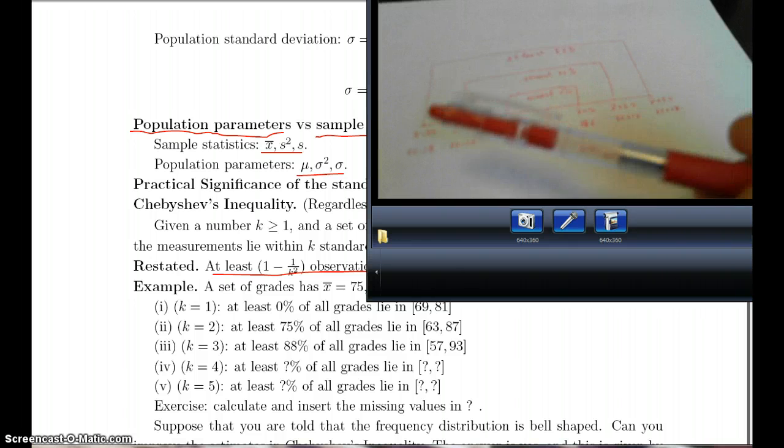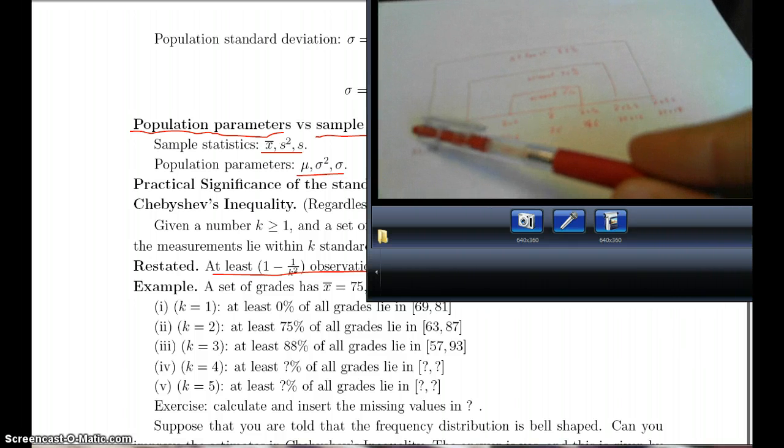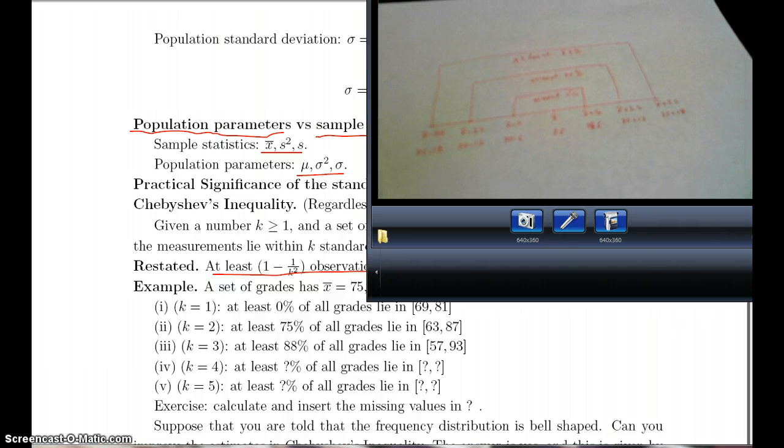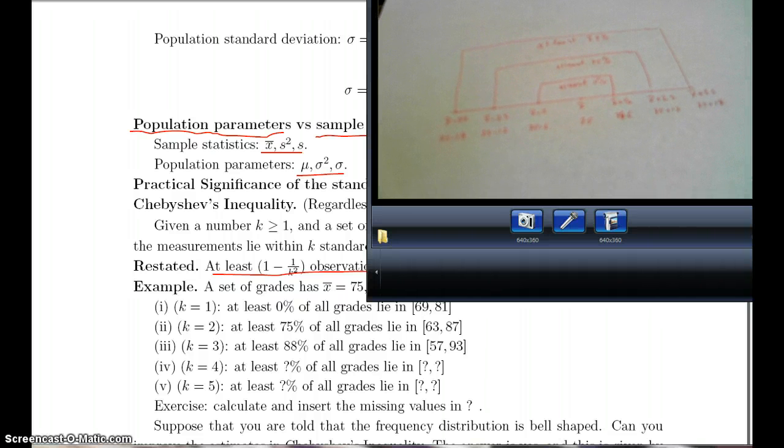And if I go 3 standard deviations, from 3 below to 3 above, I got 88% of the measurements in that interval. So I want you to also extend this to 4 standard deviations and to 5 standard deviations in the homework problem.